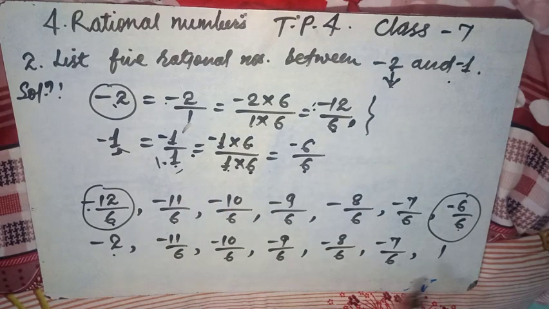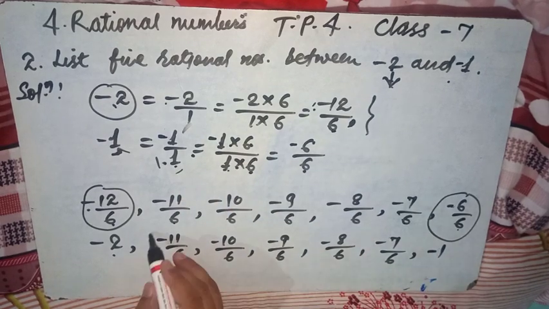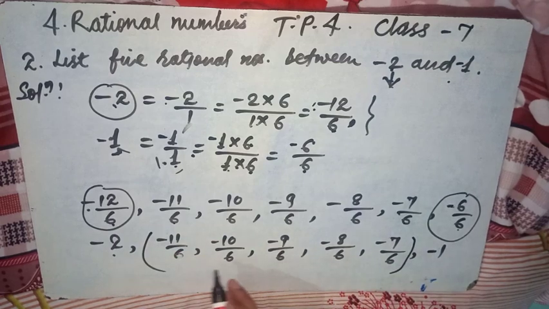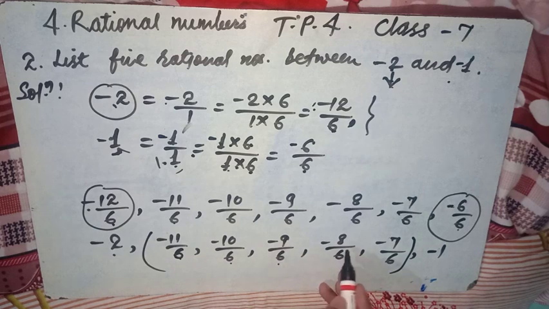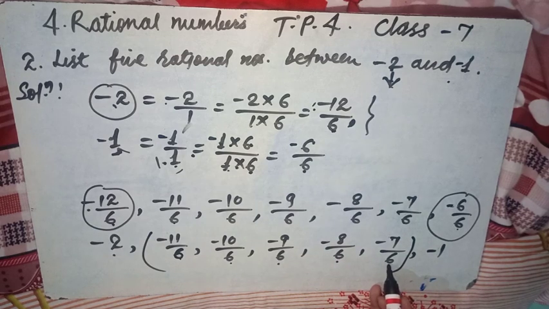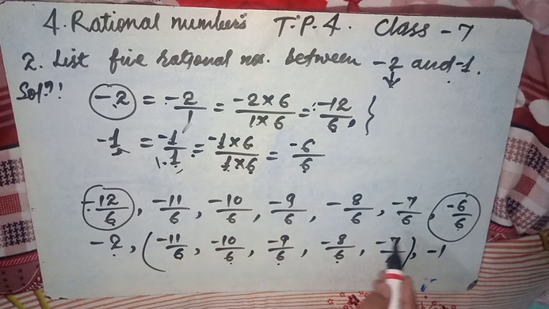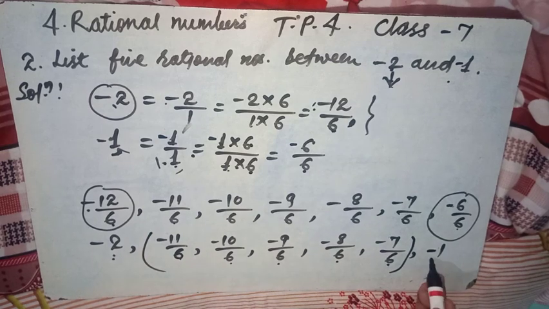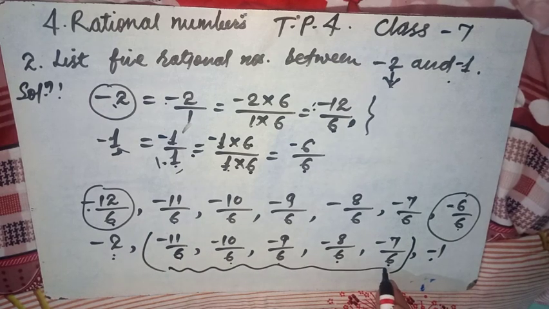So these rational numbers, -11 by 6, -10 by 6, -9 by 6, -8 by 6, -7 by 6, are the 5 rational numbers between -2 and 1. So this is your required solution.